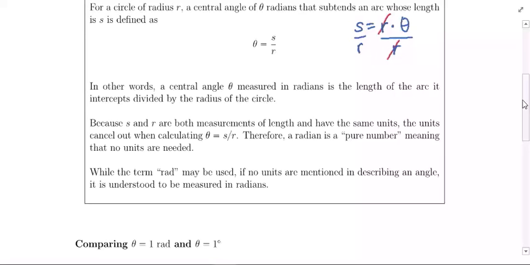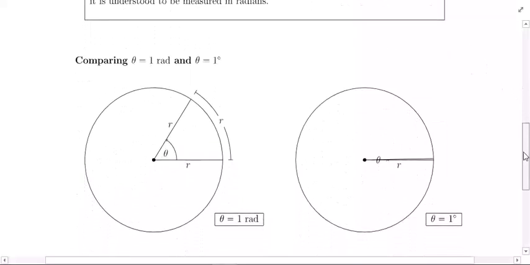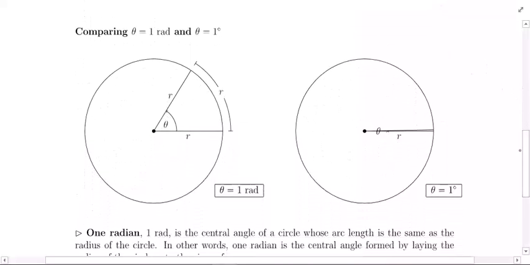Okay, so this next visual is very telling. This is a comparison of an angle of 1 radian and 1 degree. Let's start with 1 degree, which is on the right, because we're more familiar definitely with degrees. Remember, we're talking about a circle. Everything's in terms of a circle right now.